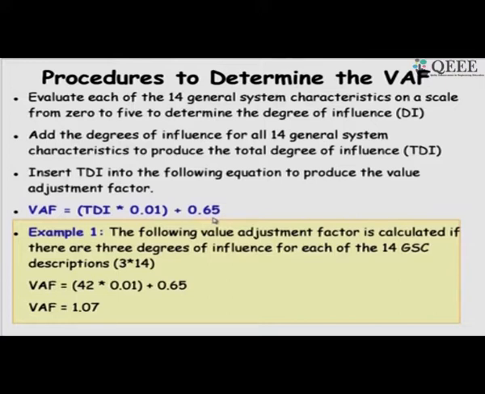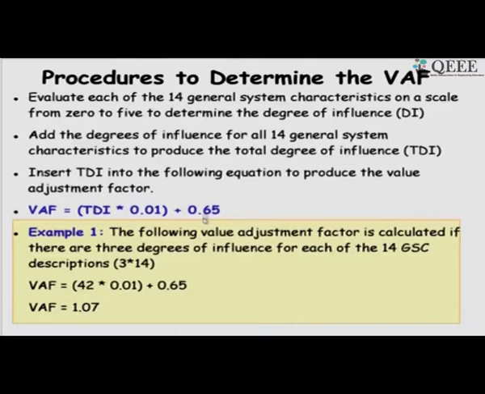On the other hand, if we make each of those 14 parameters very high influence, that is 5, so 14 into 5 is 70, and 70 into 0.01 is 0.7. So, this will become 1.35.